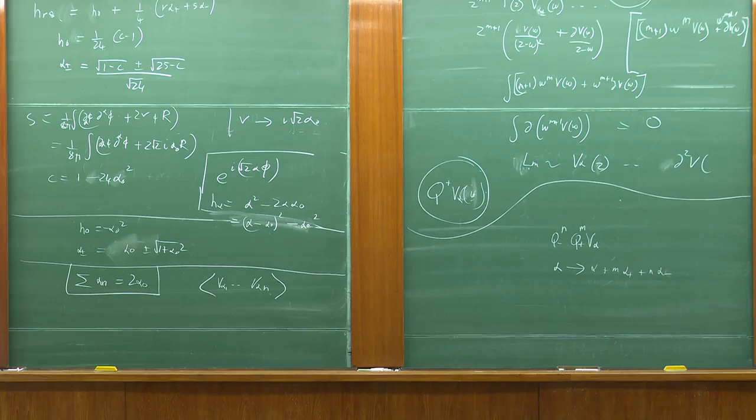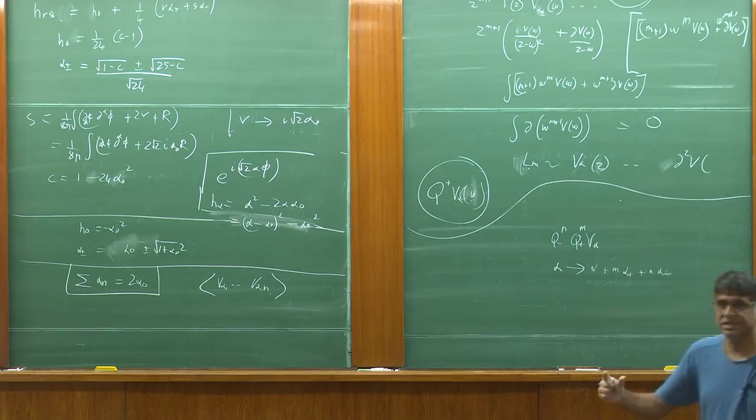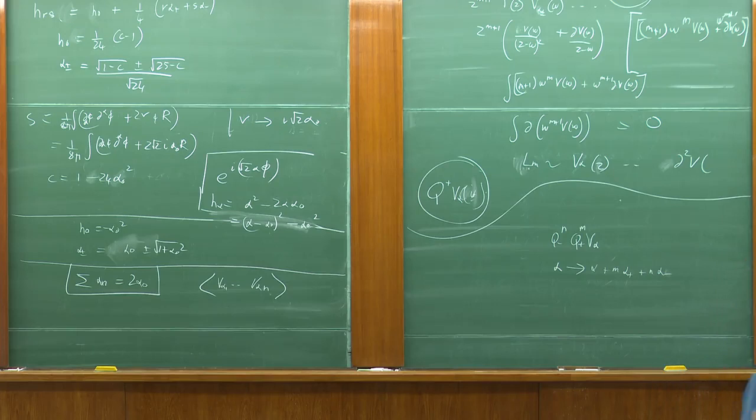What we want to do is to construct correlation functions of primaries in the minimal model. We are going to allow ourselves to use any of these, whatever works for us, so as to get a non-zero correlation function. The justification for that will come from this BRST discussion we'll have later.